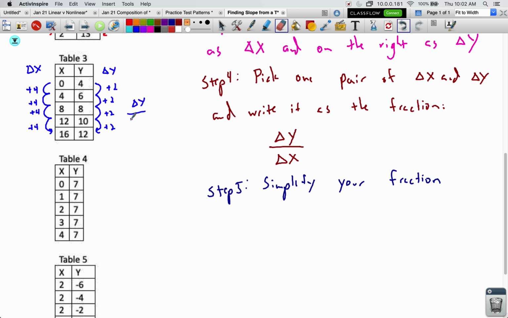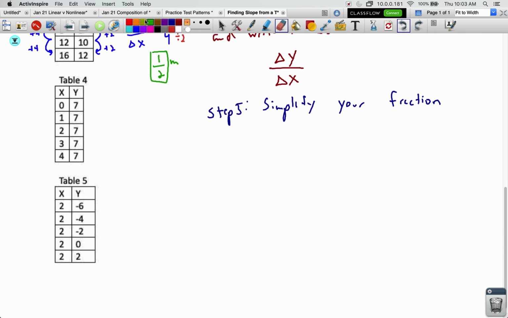Delta y over delta x equals 2 over 4. To simplify this fraction, we can divide the top and the bottom by 2, and we get that 2 over 4 is the same as 1/2. All right, and fractions are very common with slopes. Because slope is rise over run, that just lends itself to lots of fractions because the formula itself has a fraction.